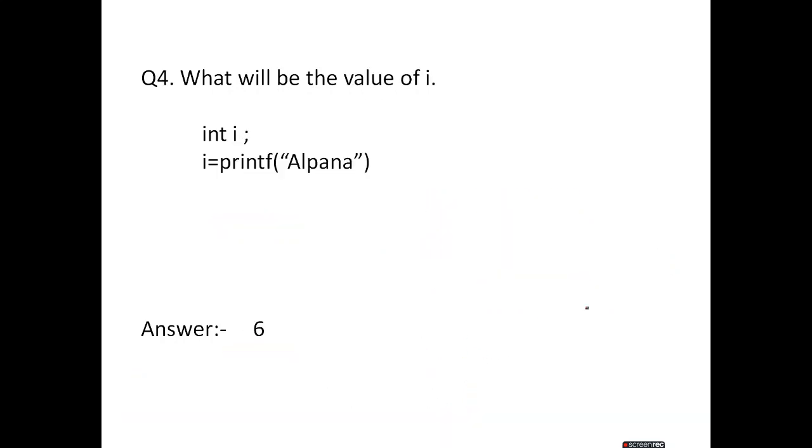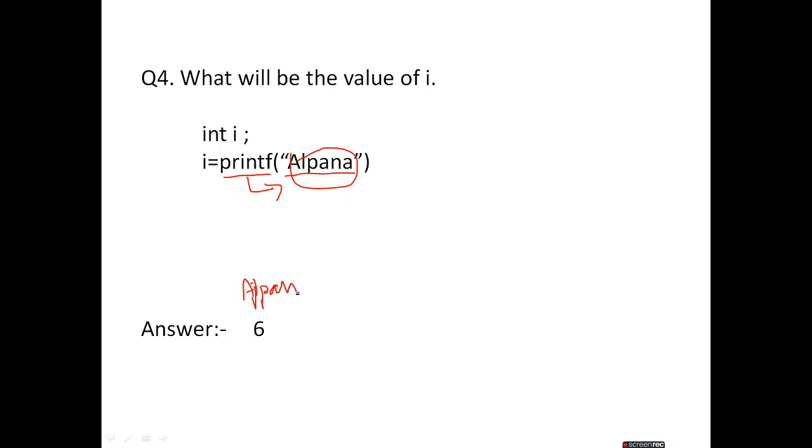Now next question. What will be the value of I? int I, printf alpna. Remember one thing always: printf will process the characters to the output screen and return the number of characters processed. So alpna will be printed.